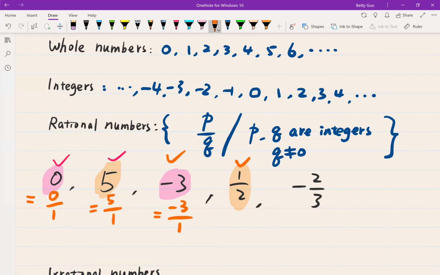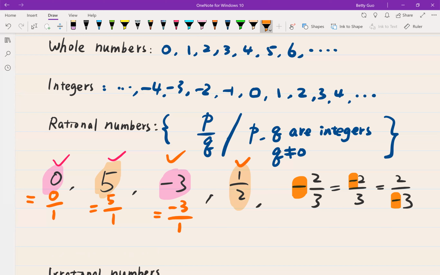Negative 2 over 3 is a negative fraction. And we could actually write this fraction as negative 2 over 3 or 2 over negative 3. You can see the location. Where do I put the negative sign? The negative sign in front of the fraction could be moved onto the top or moved onto the bottom.